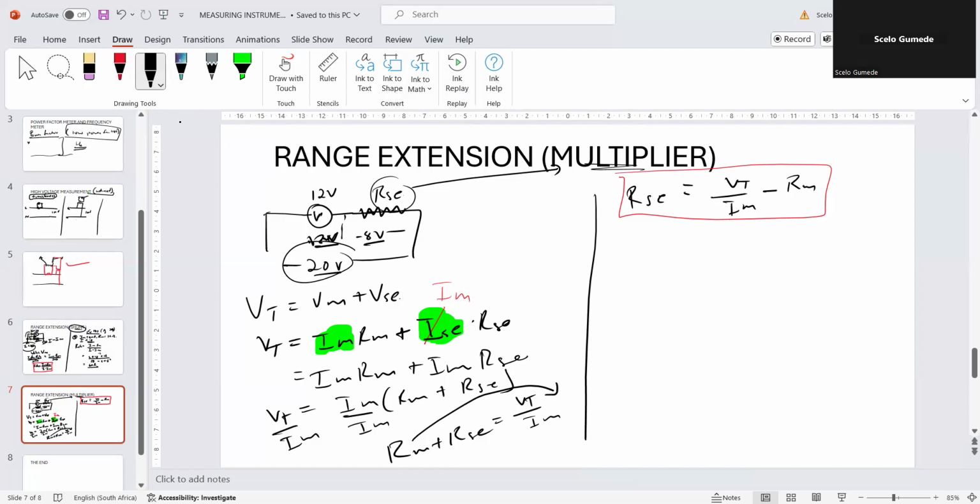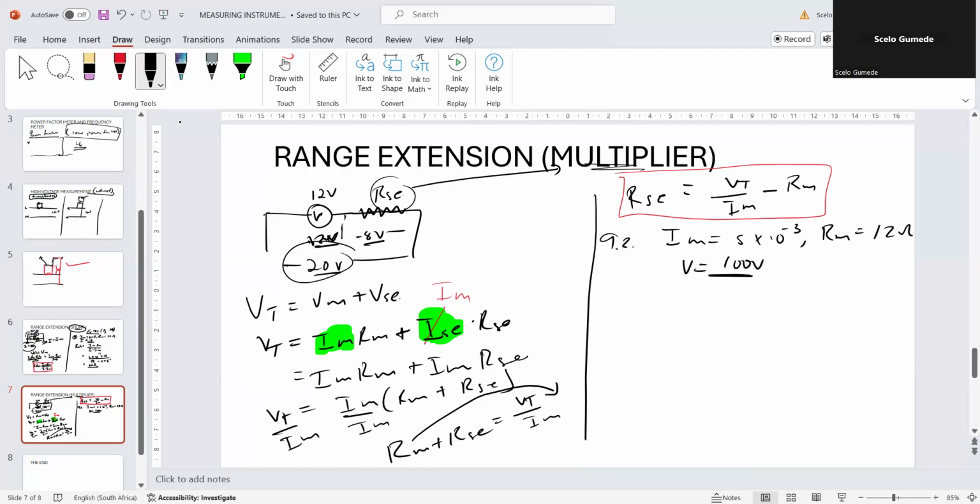But let's go back to the same question, number 9.2 now. What is our information? Don't forget we had IM, full scale deflection, of 5 times 10 to the power minus 3. We had R meter, not R series, of 12 ohms. Now we are looking for what? We are given a total voltage V of 100 volts.